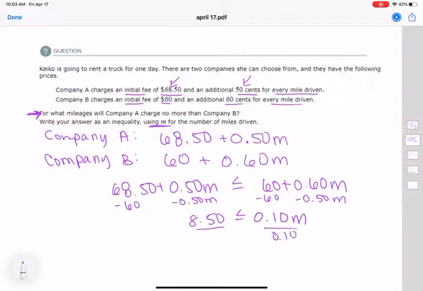Divide both sides to get the m by itself. 8.5 divided by 0.1 gives 85 is less than or equal to m. So when the truck is driven at least 85 miles, because m is greater than or equal to 85, company A will charge no more, the same or less, than company B.